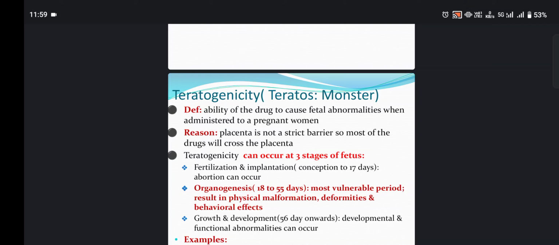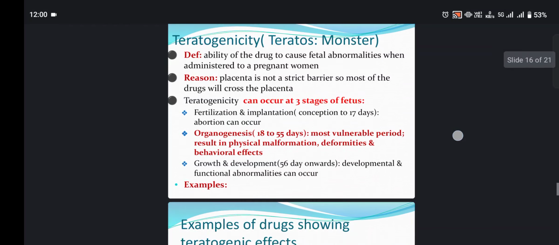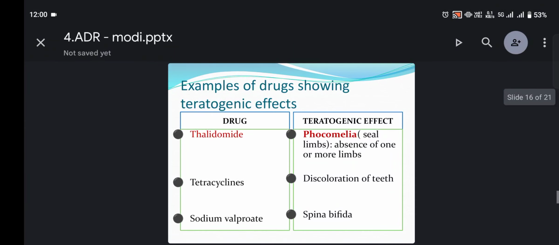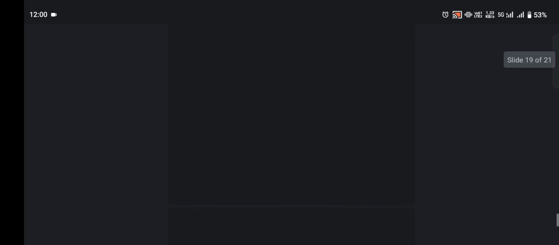Everybody knows the fetal abnormalities, so no need of giving more examples. There are also different stages and all those things, you know. Then comes teratogenicity, thalidomide effect, and all those things.